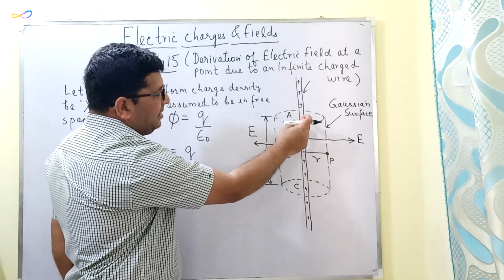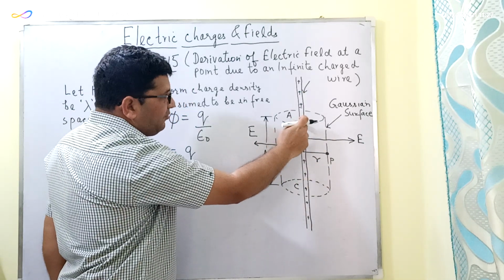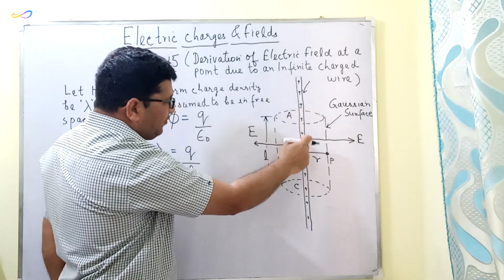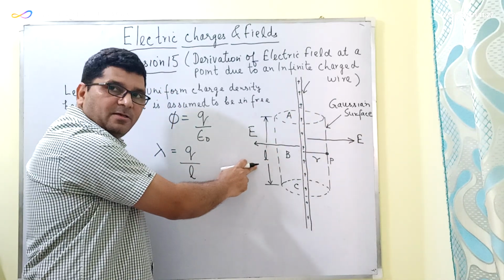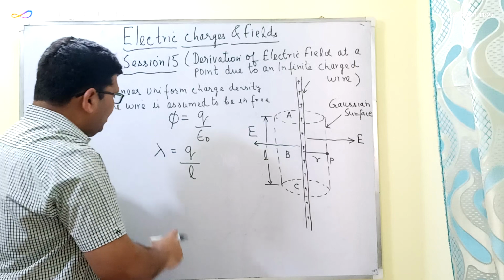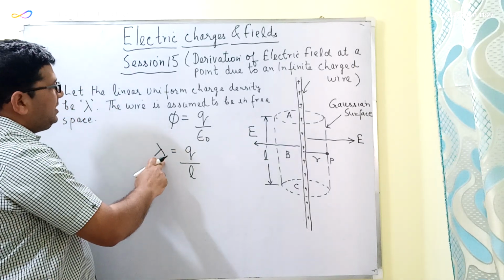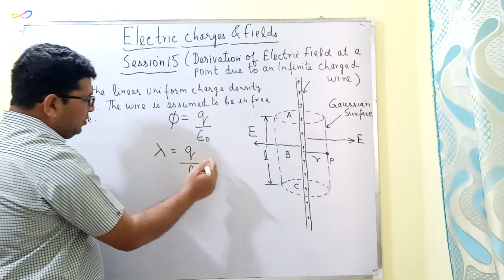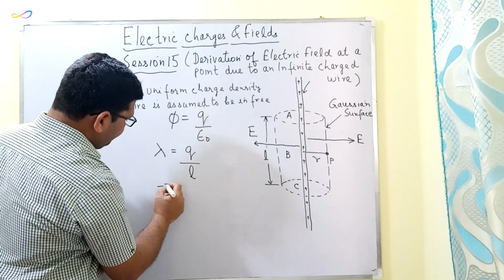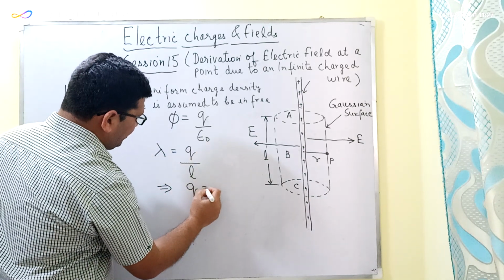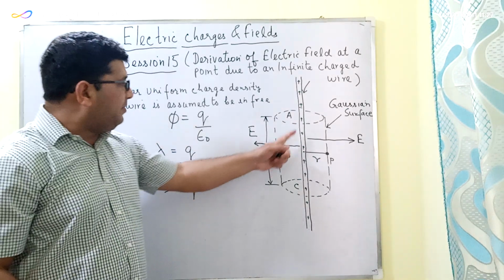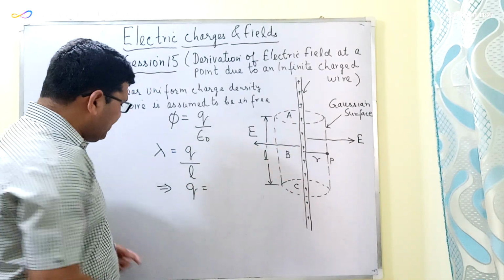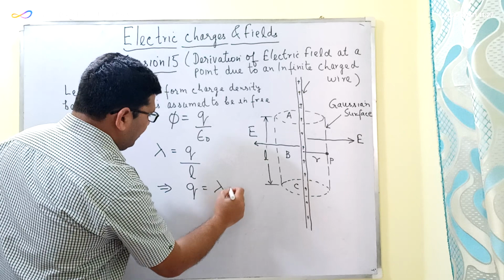So the length of the conductor which will be inside this Gaussian surface will also be equal to L. So if lambda is the linear charge density, then Q, that is, the total amount of charge enclosed by this Gaussian surface, will be equal to lambda L.